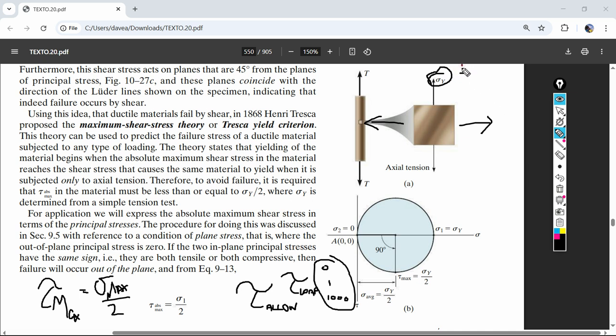If this is positive and this is positive, then the average between them is small. So tau not max, how about just that? Because you're taking the difference between two positive numbers. This is positive, you get a smaller circle. And so this equation is if the biaxial stresses are positive, positive, or negative, negative.